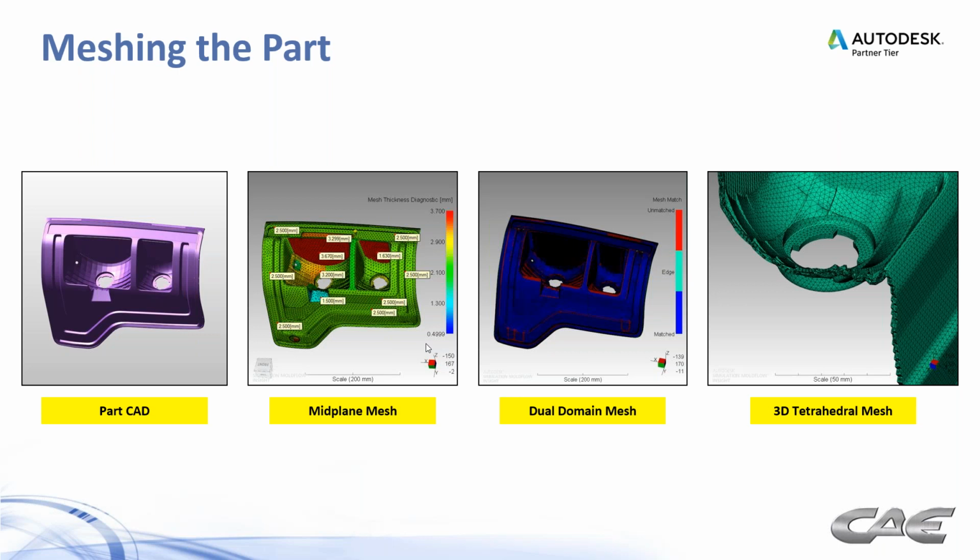In other cases, maybe dual domain mesh will work for you if the part geometry is a little more simple. And then we get into cases where we have thicker, chunkier geometry. This isn't necessarily one of those cases, but the geometry in that reflector area is relatively complex.